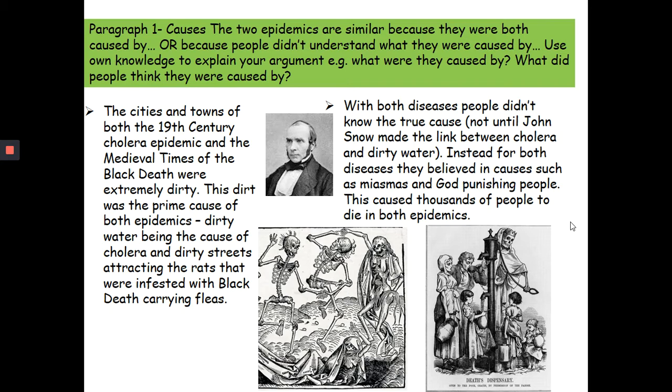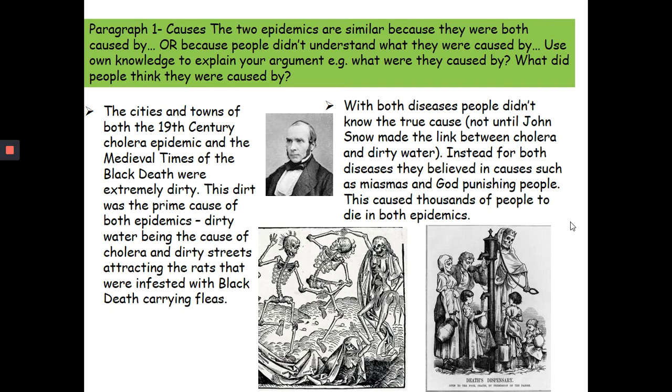Now, with both diseases, people didn't know the true cause. Well, not until John Snow made the link between cholera and dirty water. Instead, for both diseases, they believed in causes such as miasmas, that's like bad air, and God punishing people. This caused thousands of people to die in both epidemics.